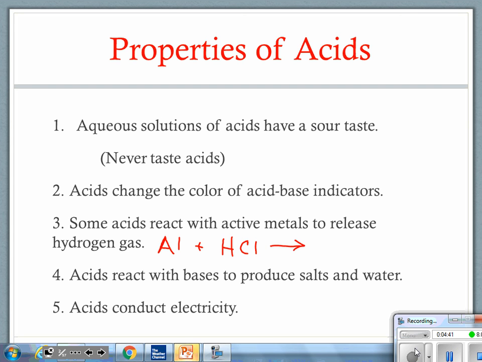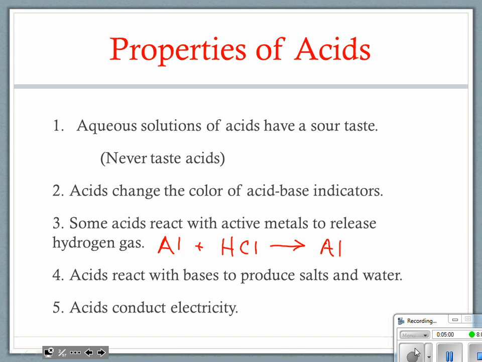You can see that in a single replacement reaction, if aluminum is more active than the hydrogen, it will replace it, which it actually does, and it gives us aluminum chloride and hydrogen gas.